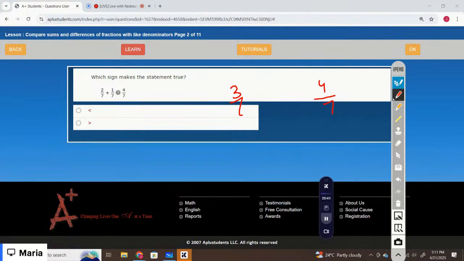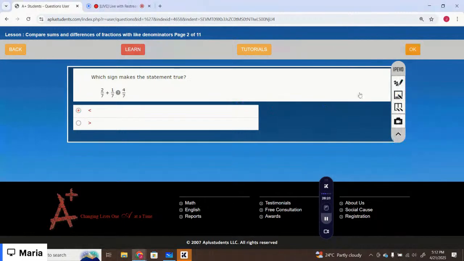So you have to compare 3 by 7 and 4 by 7. 3 by 7 is less than 4 by 7. Option number 1 is the correct option, that is less.